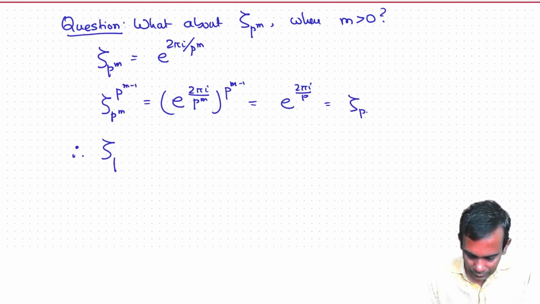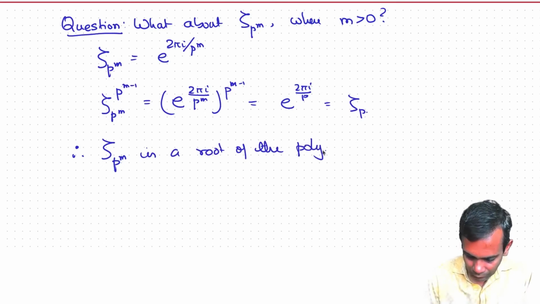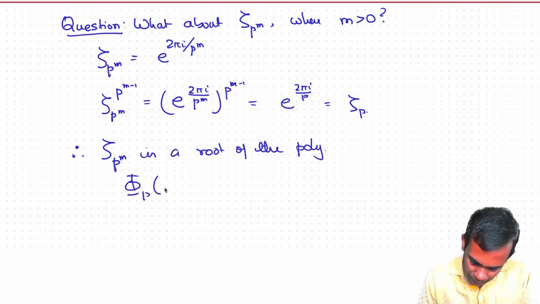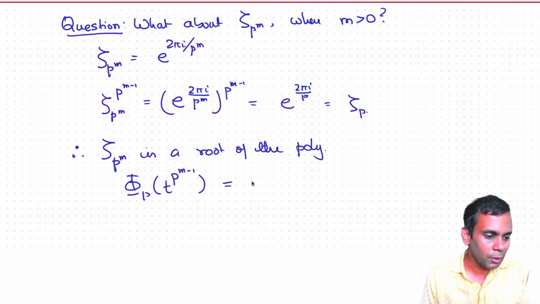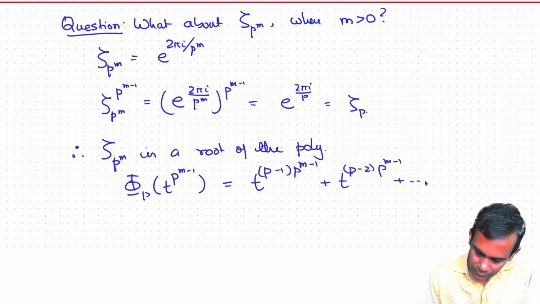Therefore, zeta p to the power m is a root of the polynomial phi p t to the power p to the m minus 1, which is just the polynomial t to the power p minus 1 times p to the m minus 1 plus t to the power p minus 2 times p to the m minus 1 plus dot dot dot plus t to the power p to the m minus 1 plus 1.